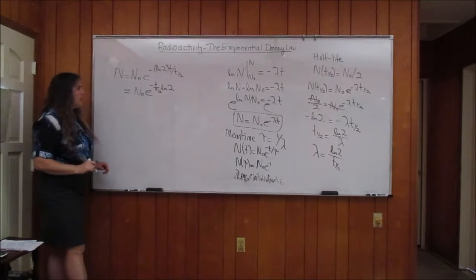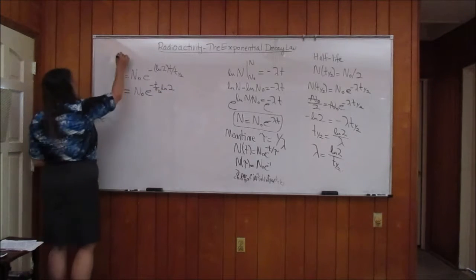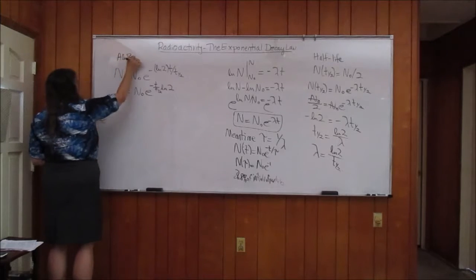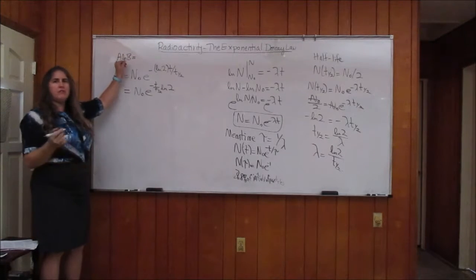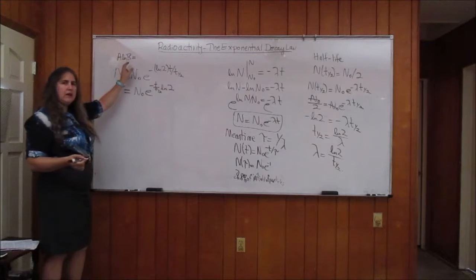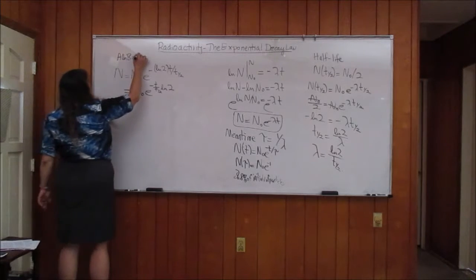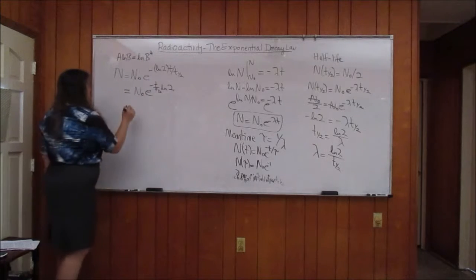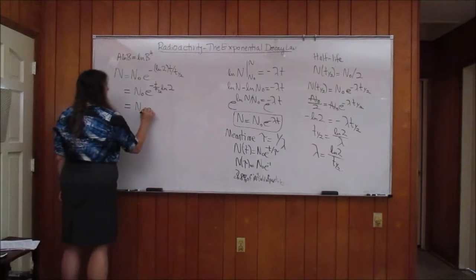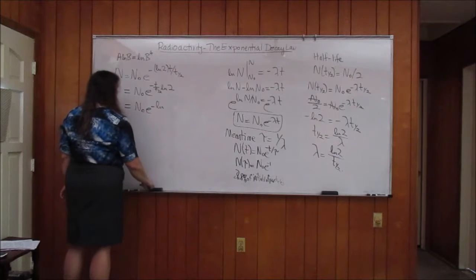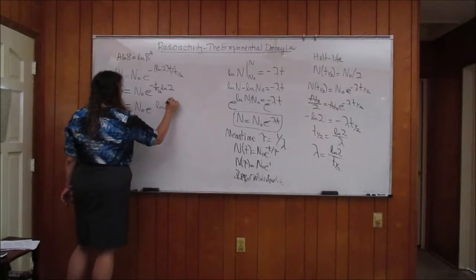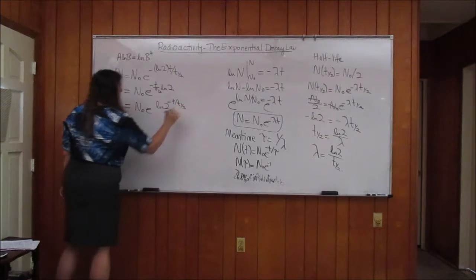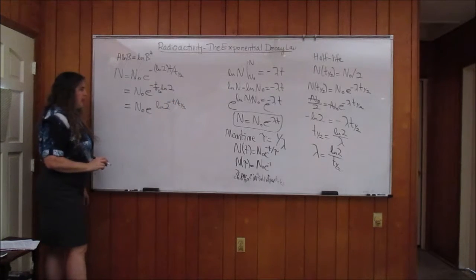Okay. Now, another property of natural logs is if you have, say, the product of some a times natural log of b, that's the same thing as natural log of b to the a power. So this is actually N naught e to the minus natural log of 2, or let's put natural log of 2 to the minus t over t 1/2.